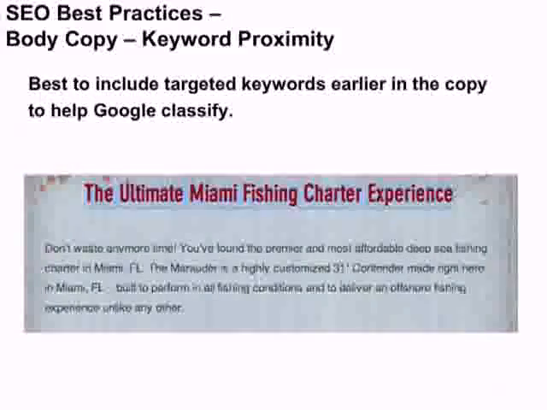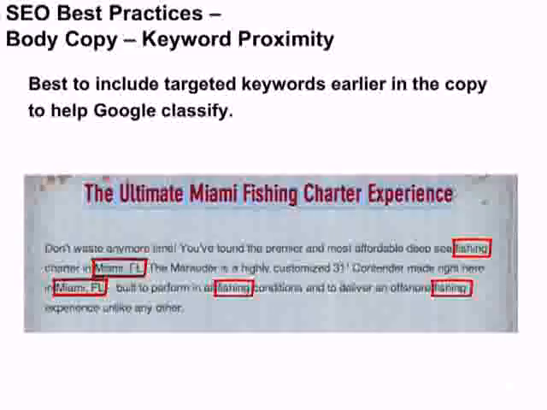The next concept with regards to body copy that I want to cover is keyword proximity. And this is just the idea that it's important to use your keywords early in the content, early in the copy, to help Google classify it. You want to have your keywords towards the front of the article at least once, and then scattered throughout the article, obviously.